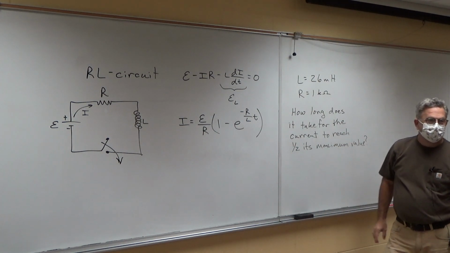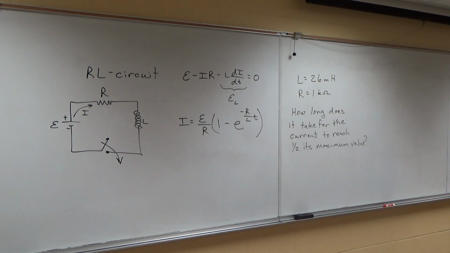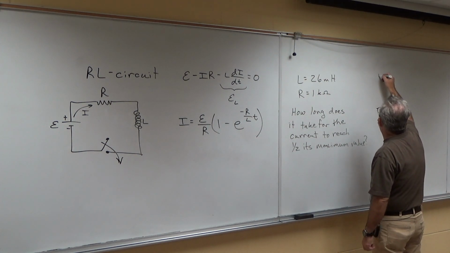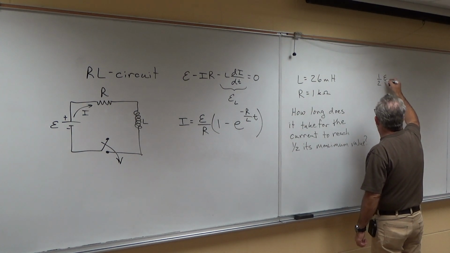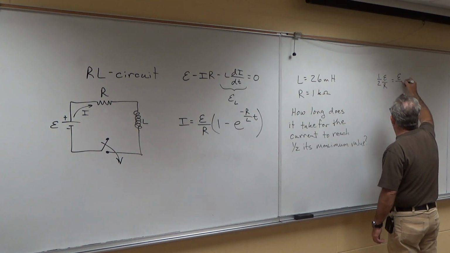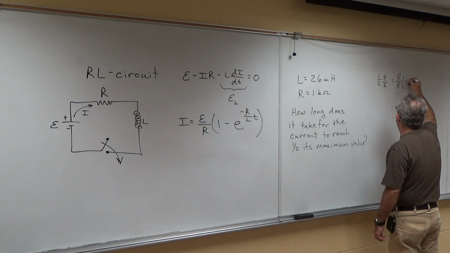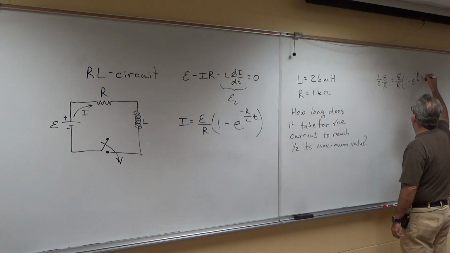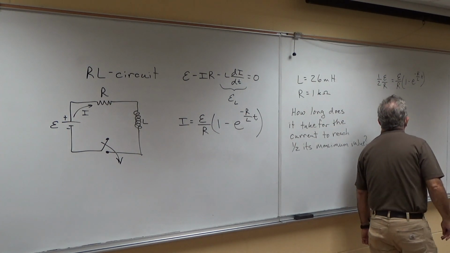We just saw it. E over R. So I need 1/2 E over R is equal to E over R times 1 minus e to the minus R over L t.